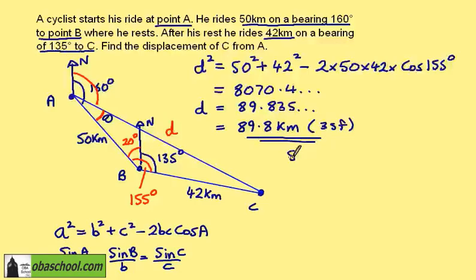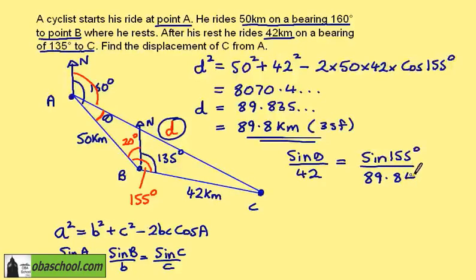Here we get the sine of theta divided by the side opposite it, the 42, is equal to the sine of 155 degrees divided by the side opposite it, the D, and we'll use 89.84 using one extra significant figure so that we can give our final answer to three significant figures.